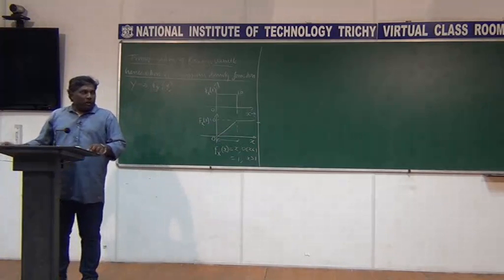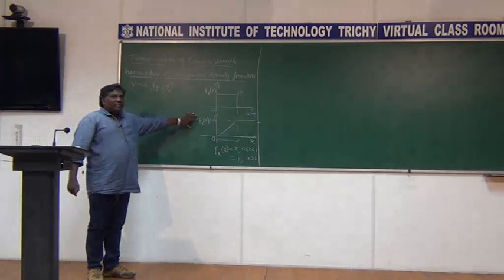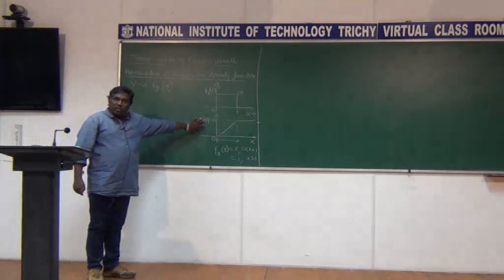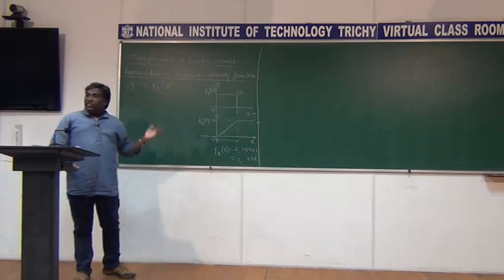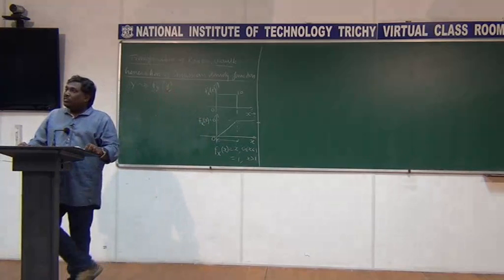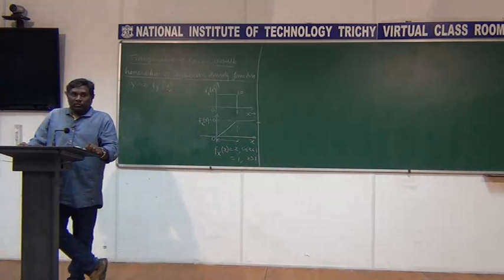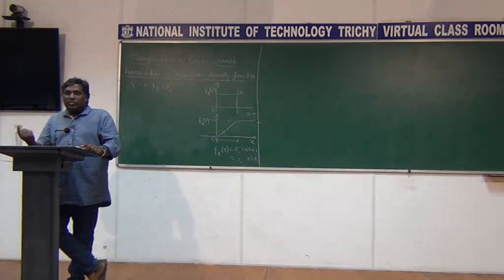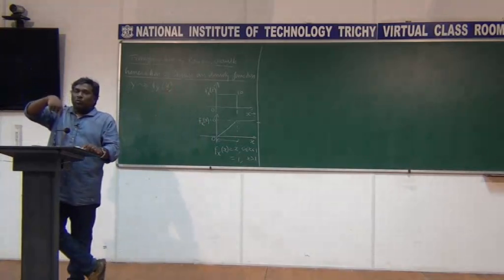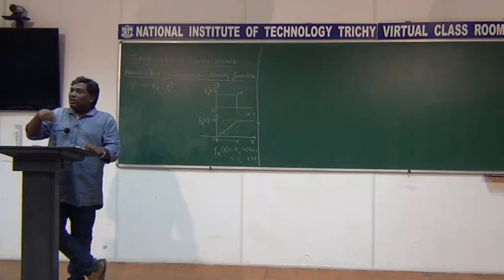What shall I do? I can generate the data which is uniformly distributed, and then find the relationship y equal to g of x, which converts the random variable x to random variable y, which has the required density function.